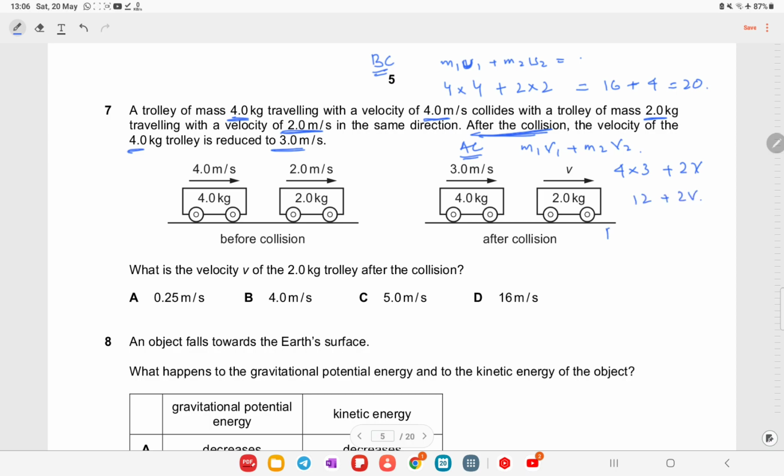Now we compare: before collision equals after collision. This is the law of conservation of momentum. Before collision the value was 20, so 20 minus 12, and then we divide it by 2. So the velocity will be 8 divided by 2, which is 4 meter per second. So option B is your right answer.